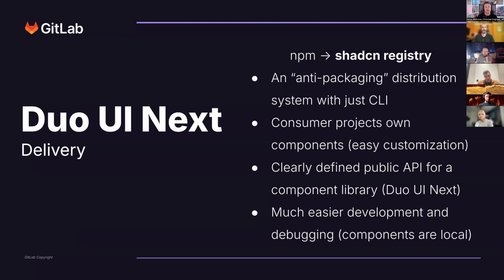So again, imagine you need to pull in the Duo chat message component and you have a problem with that component and you want to debug it. Instead of going to Duo UI, tinkering there, building the project, copying files over to the language server into the web view, and then going back and forth, you already have the chat message component in your web view in the language server.